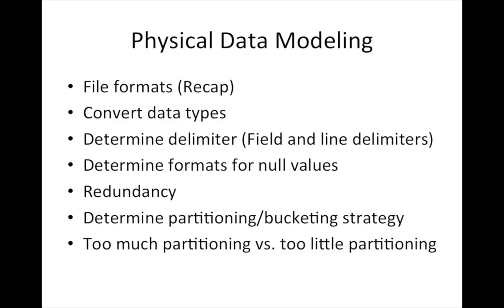Typically, when it comes to physical data modeling using traditional RDBMSs, redundancy will be used as a last resort. For example, you have a fact table and you want to generate reports in multiple dimensions. One is the date dimension and the other is the region dimension.